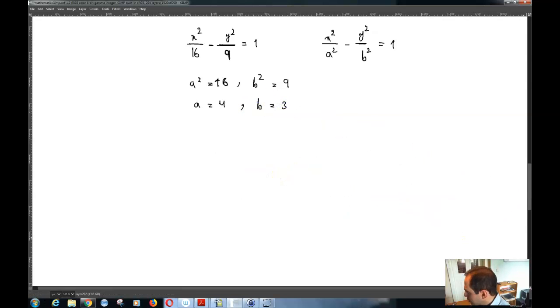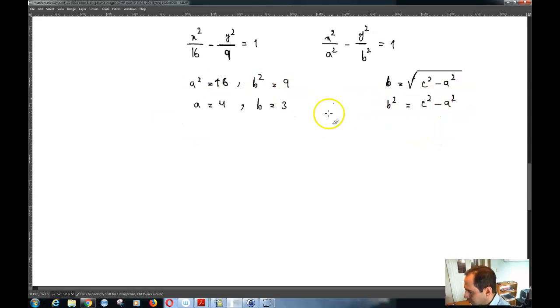And there is a relationship between a, b, and c, which is that b is equal to the square root of c squared minus a squared. What that means is that b squared is equal to c squared minus a squared.